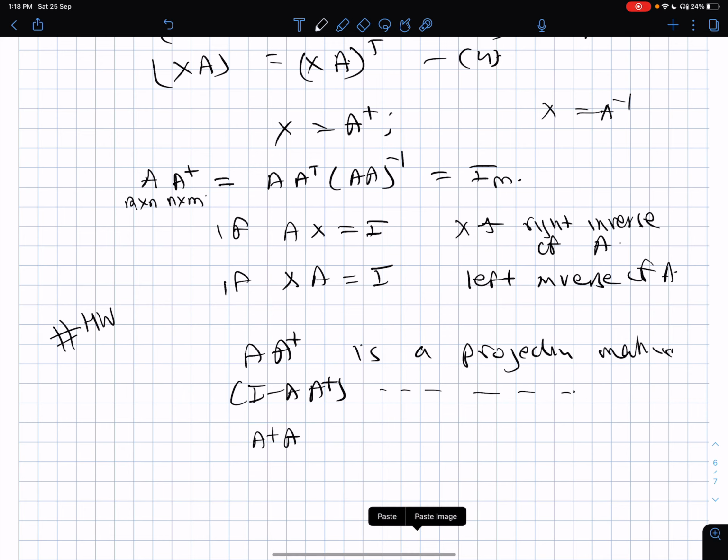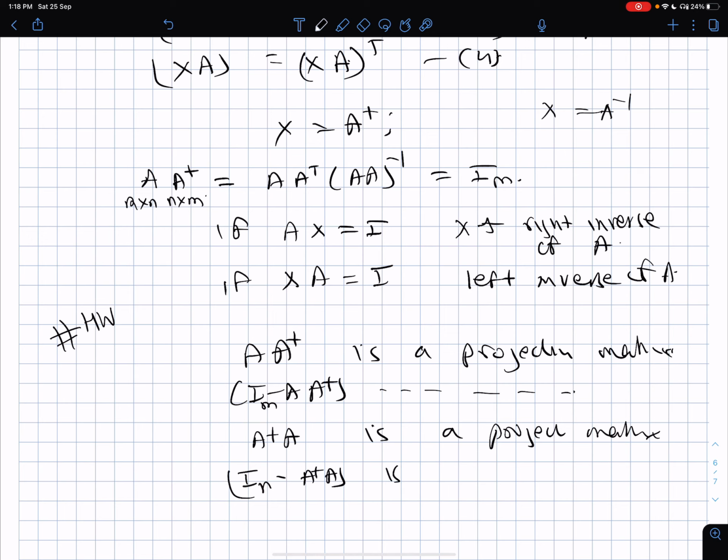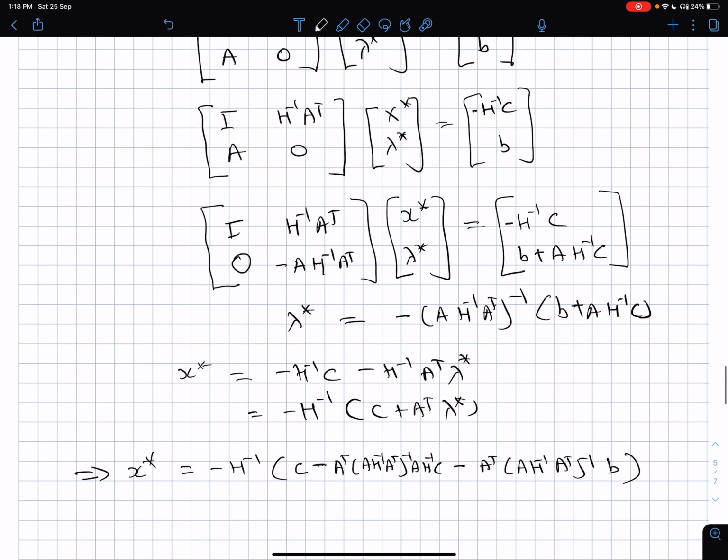A plus A is a projection matrix too, and this is over Im and this is over In. These are some standard projection matrices which come up in least squares and quadratic programming kinds of formulations. I'll just leave it to you to check.